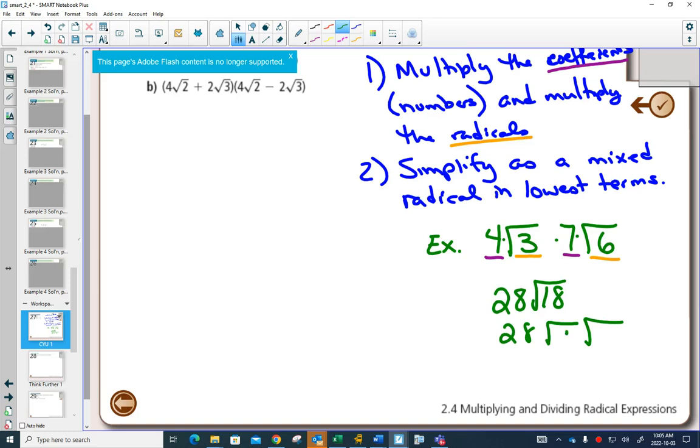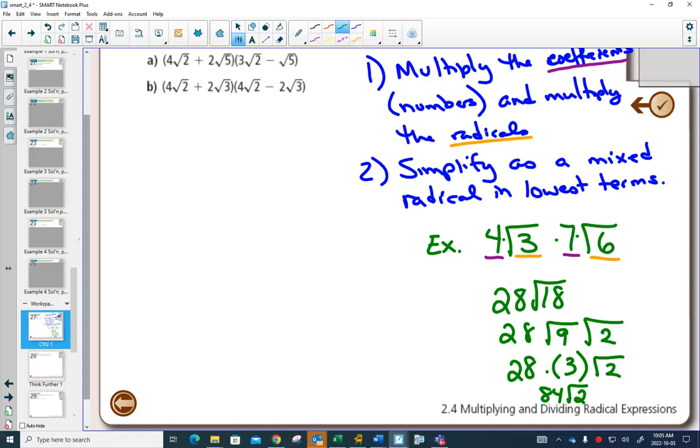Yes. 18 is 9 times 2. And so this will give me 28 times, well, the root of 9 is 3, and then times root 2. So 3 times 28 will give me 84 root 2 in the end. So that's what it means to multiply mixed radicals together.